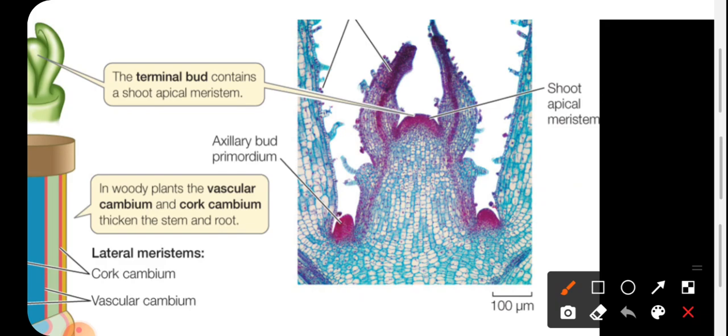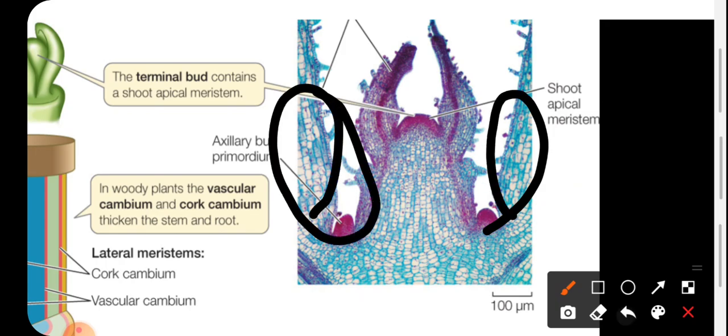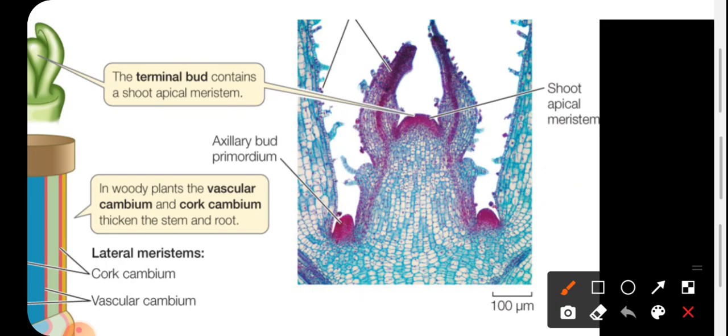These leaf primordia are meristematic regions. They develop due to increased cell division in both parts of the apical region. So here, in this region and in this region, cell division increases.